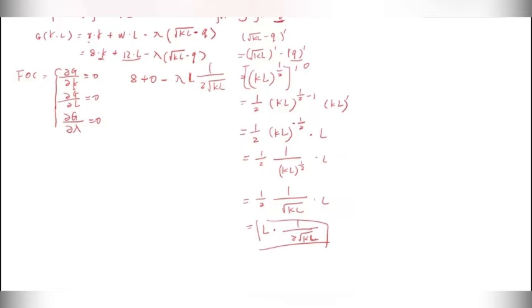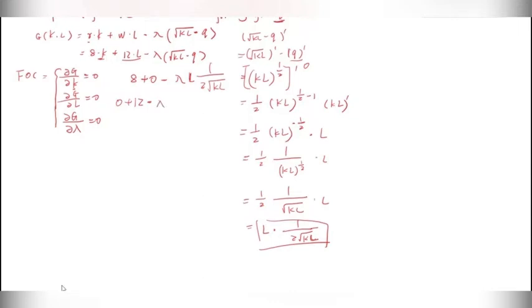The first one is the derivative with respect to K, so the second one we need the derivative with respect to L. This one can be written as 12, so it's 0 plus 12, minus lambda.